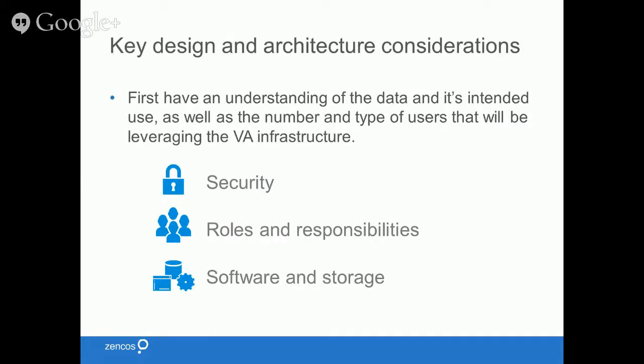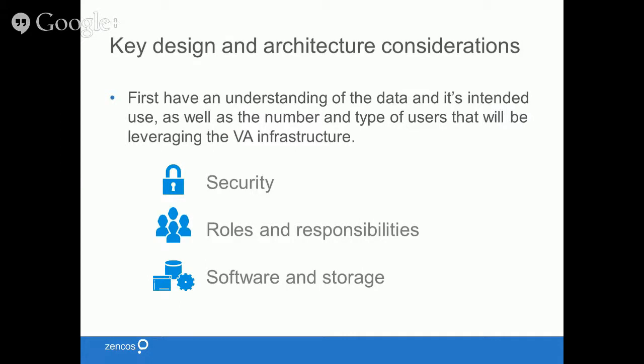What kind of visualizations are they going to need to do? Because if you understand that, that gets you to the point of having not only a successful implementation, but it leads into being able to know what you need to build in and have in place to support your VA infrastructure. So whether it's security from a data access perspective or security from a role perspective of what type of content you can have within visual analytics.